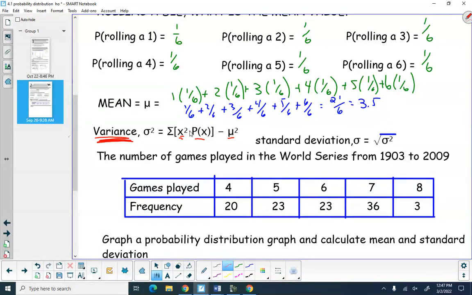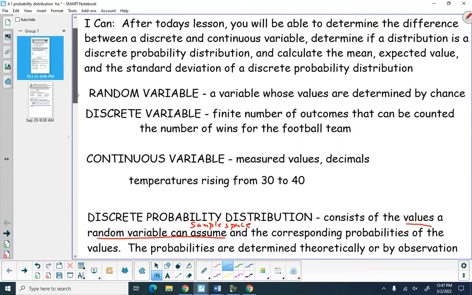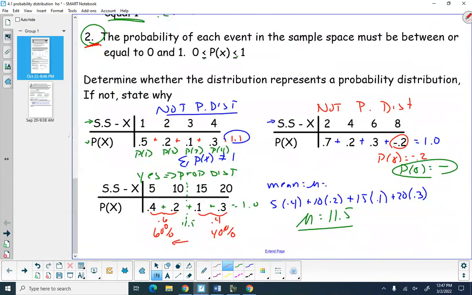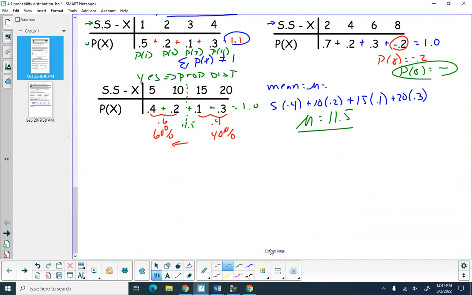If we take a look at what we were just dealing with, this calculates the variance and standard deviation. The variance is equal to the sum of x squared times p of x, and then we subtract off our mean squared.